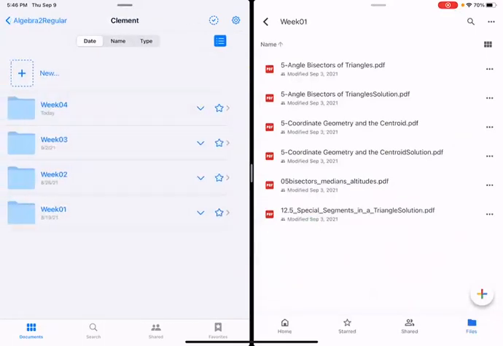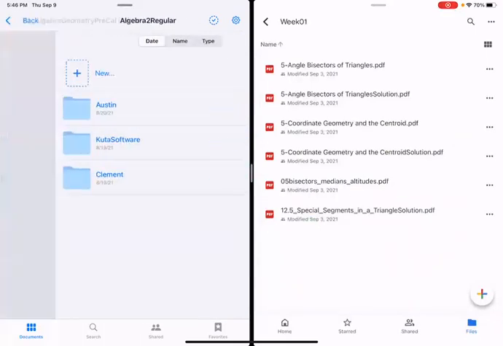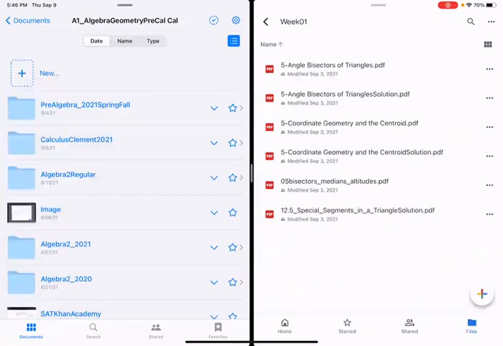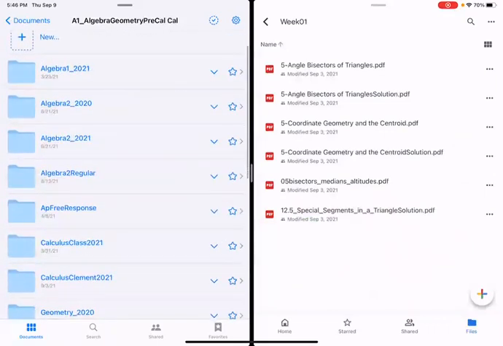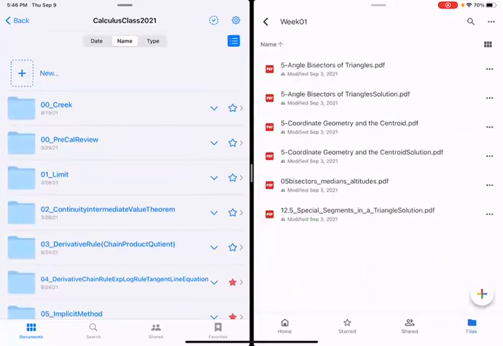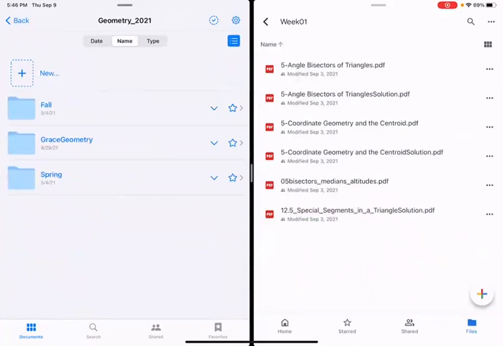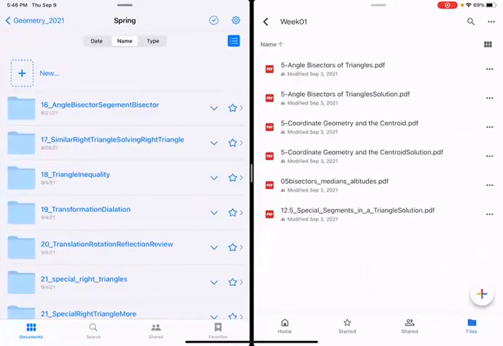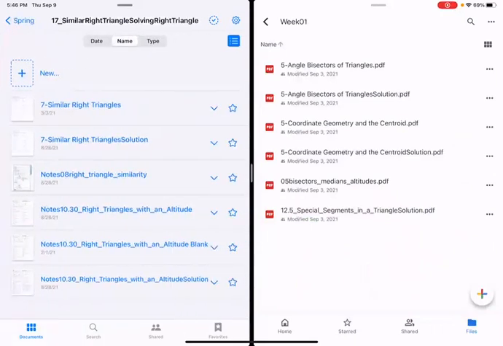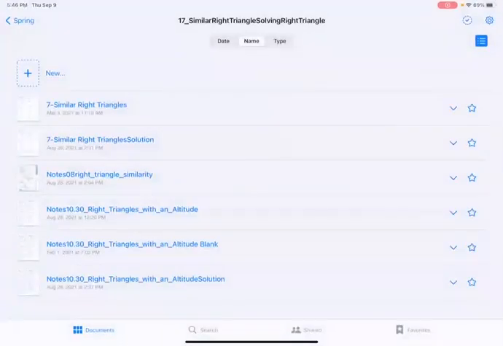Then today we are going to learn the second week. Geometry. Spring semester. This part is very important.